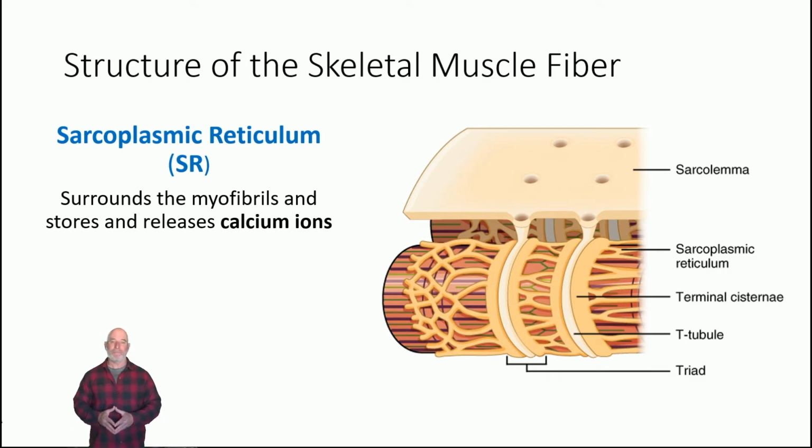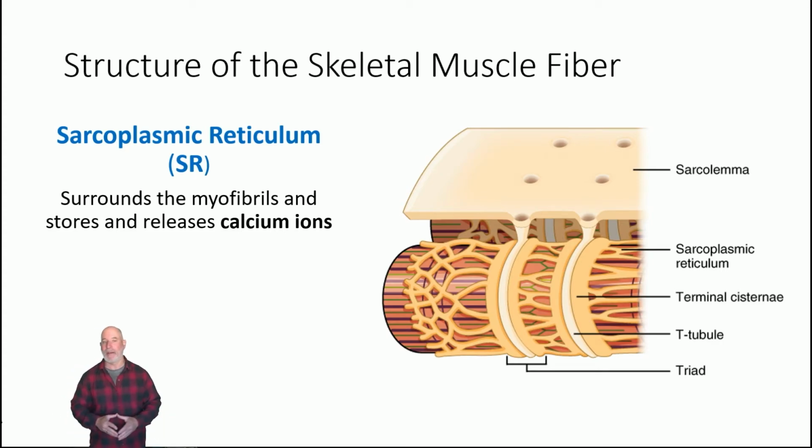The second one, which is very important, is the sarcoplasmic reticulum. This is part of the smooth ER, okay? The smooth endoplasmic reticulum stores calcium ions. And this is very important because for the muscle to contract, for the myofibrils to actually shorten, it requires calcium.